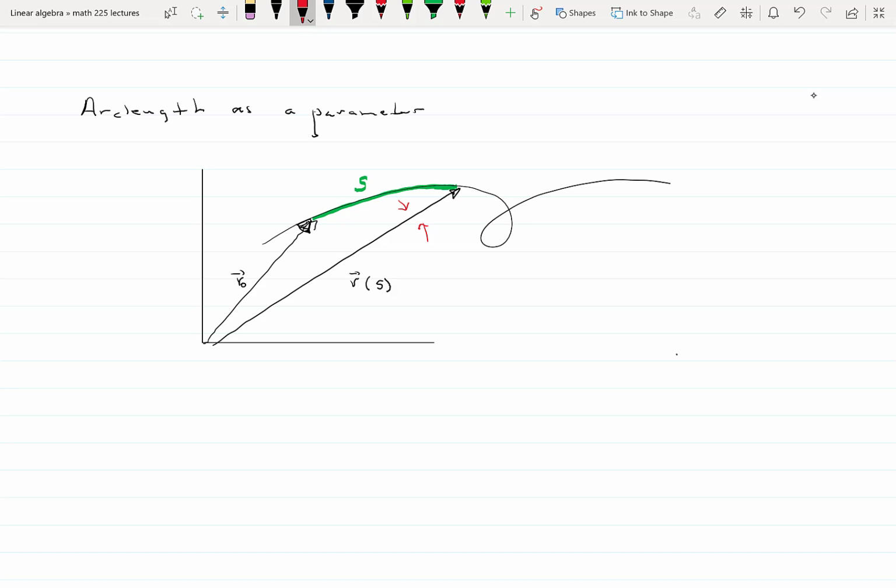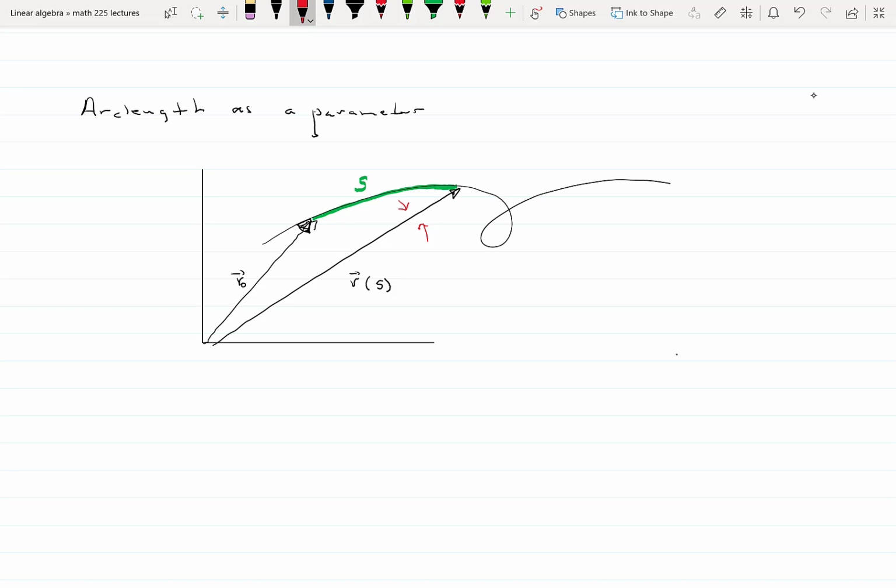So in other words, if somebody tells me I have traveled 15 miles, I would like to be able to then compute the position of the person after having traveled 15 miles. If someone says I've traveled 20 miles along the curve, I would like to be able to compute r, the position vector of 20, where 20 is not time, but 20 is the arc length along the curve.